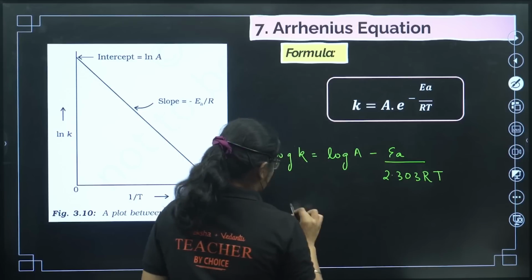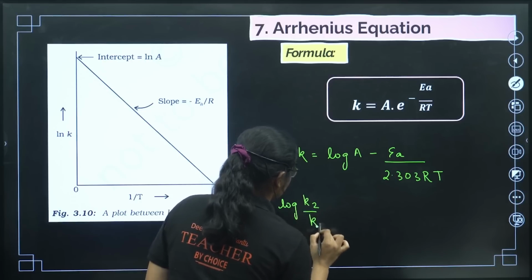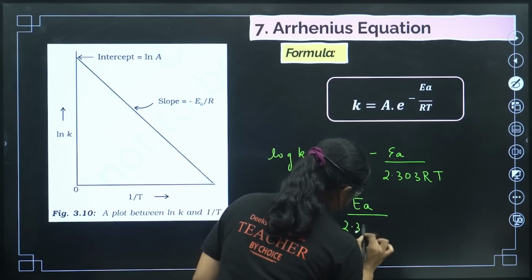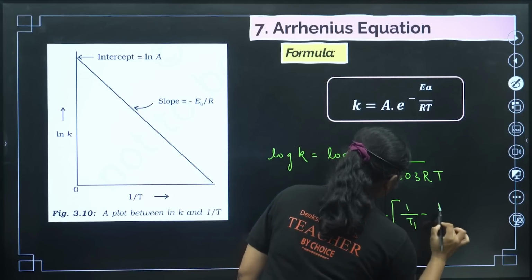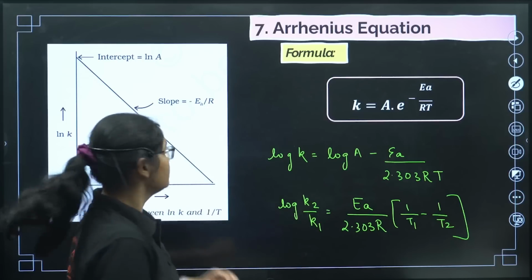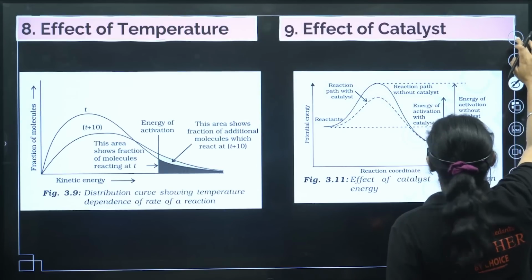And we have the equation log of k2 by k1 is equal to Ea by 2.303 R into 1 by T1 minus 1 by T2. Okay, clear?